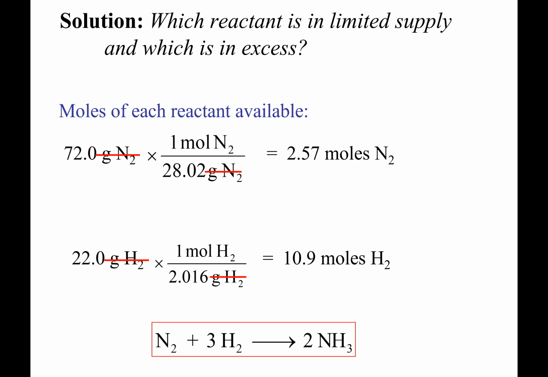So those are the two that you're going to see me make a have ratio. You might be like, well, Mrs. Snipes, which one goes on top? Well, what I usually try to do is make them so that I have a number greater than 1. So you're going to see me put the 10.9 moles H2 over 2.57 moles of N2.